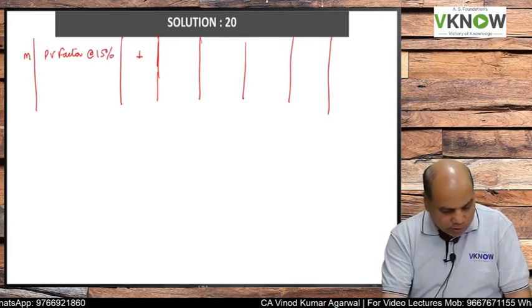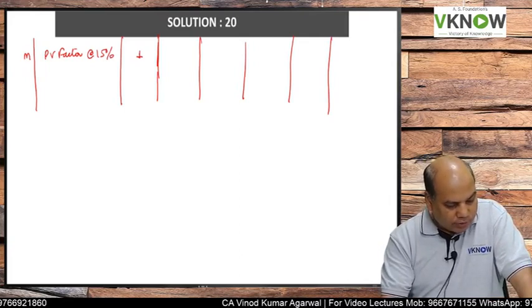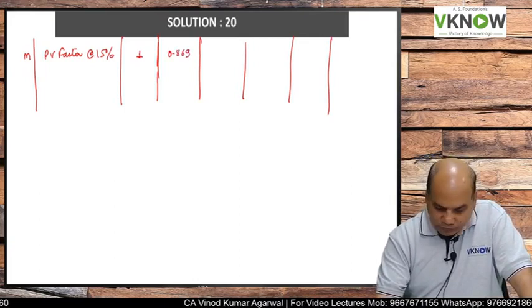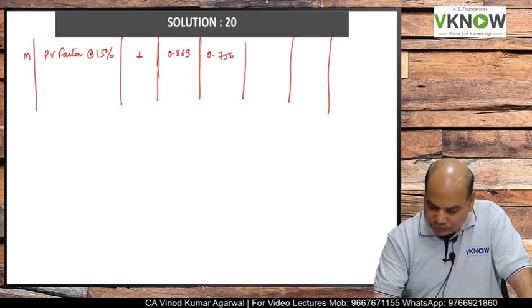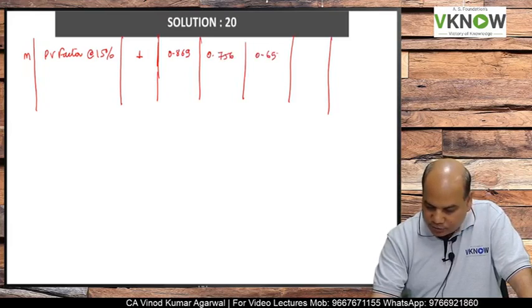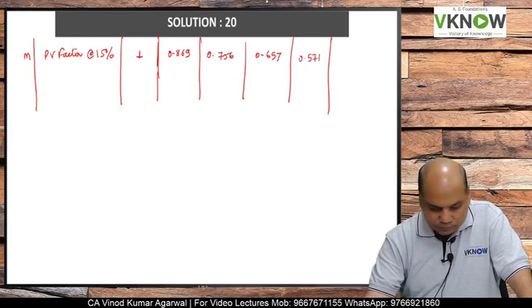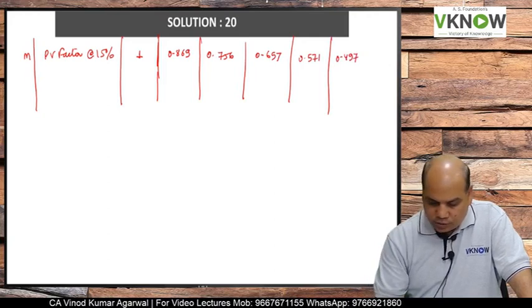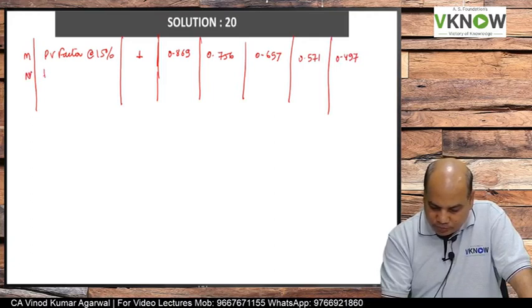Year 0 will be 1. Year 1 will be 0.869. Year 2 will be 0.756. 0.657. 0.571. 0.497. And write down present value.